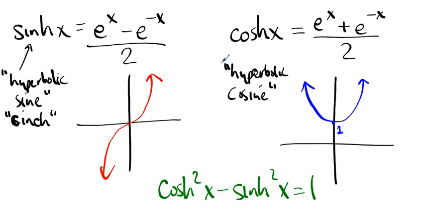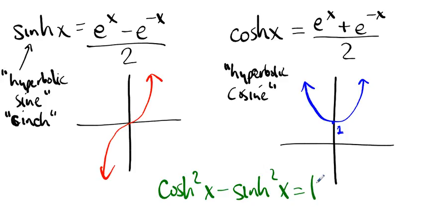And you can check that in the privacy of your own home. And that puts these functions on the right branch of a hyperbola. And since they're on a hyperbola, that makes them hyperbolic trig functions.